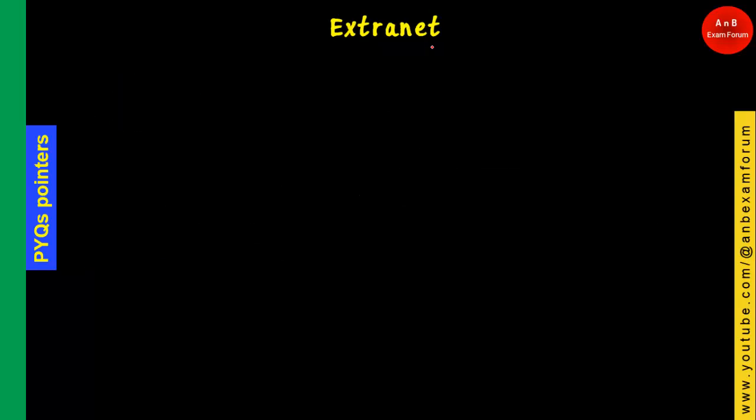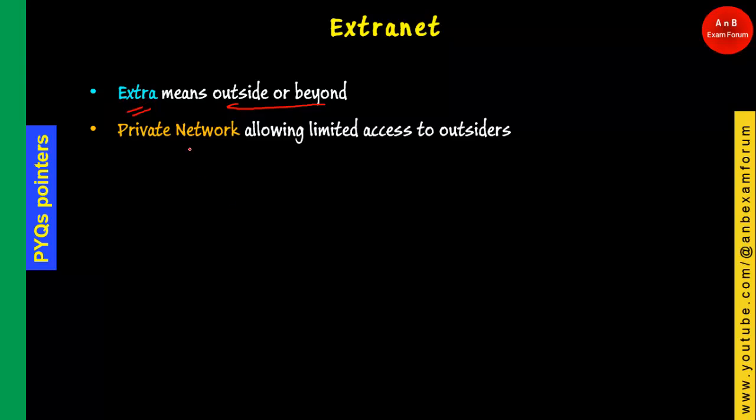The next one is extranet. Extra means outside or beyond. Again it is a private network but it allows limited access to outsiders. It is very important. It is similar to intranet, but sometimes we need to communicate with outside members also. So in that case they provide some access to the outsider also.